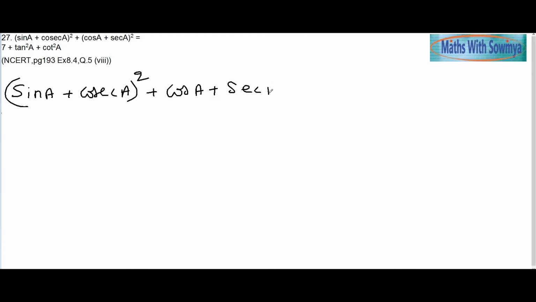In this sum, it is given (sin A plus cosecant A) whole square plus (cos A plus secant A) whole square. We should get 7 plus tan square A plus cot square A. Tan and cot are also involved with cosecant and secant.